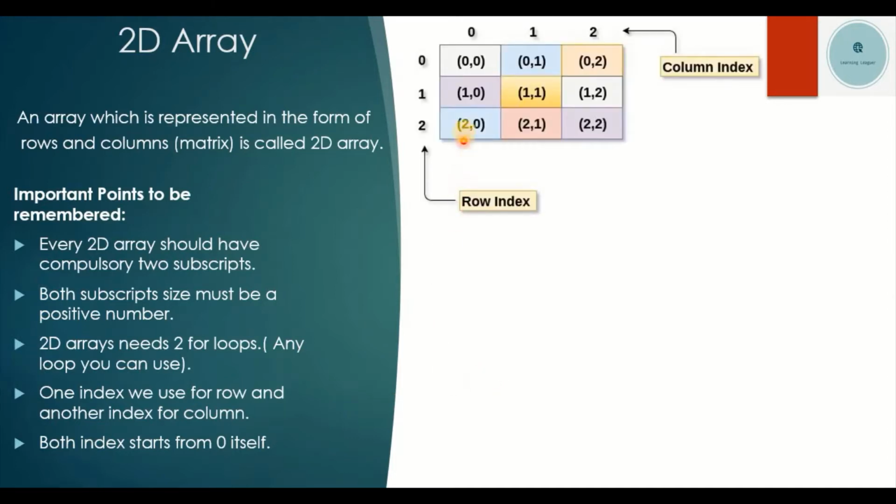So this is the representation. This is a representation of a two-dimensional array, or we can also call it a matrix. Check it here: this is the first row, second row and third row, and the first column, second column and third column. We can call this a 3 cross 3 matrix.